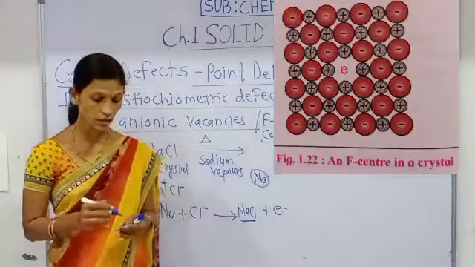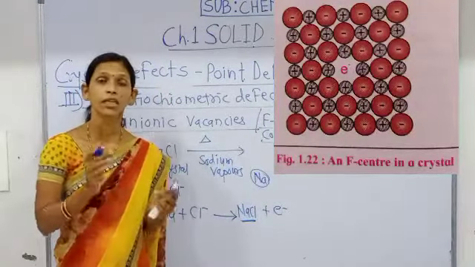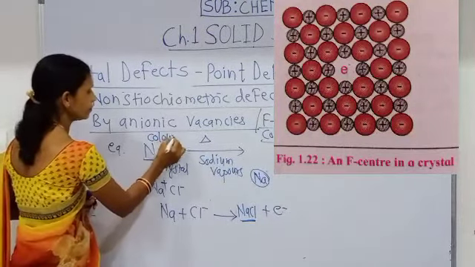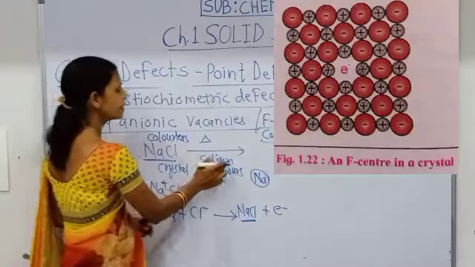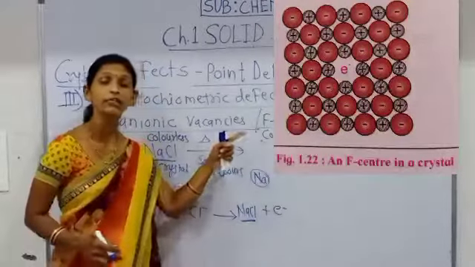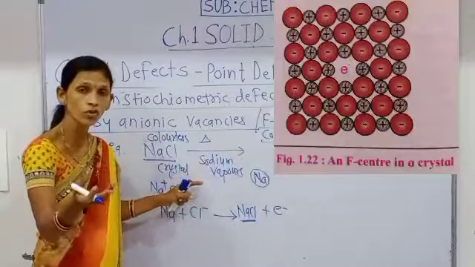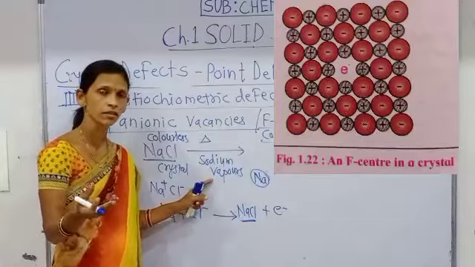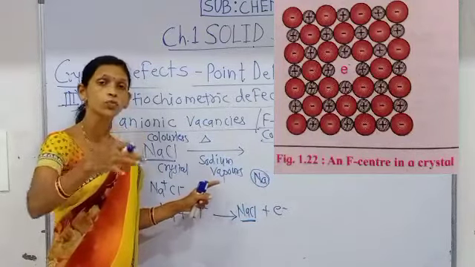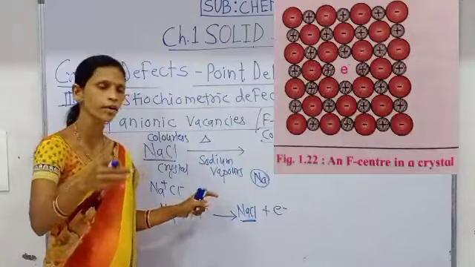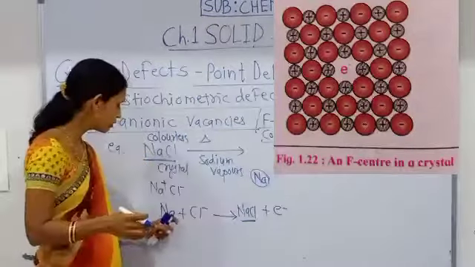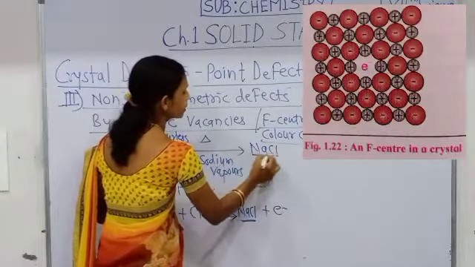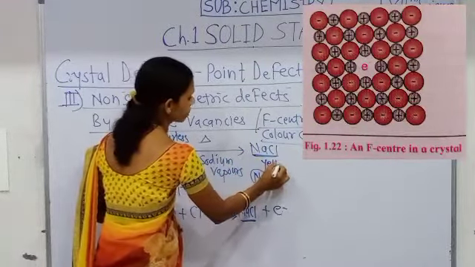Why is it called a color center? Because the NaCl crystal is originally colorless. When it is heated in sodium vapors, the defect is produced due to the absence of the Cl minus ion, and the hole is occupied by the mobile electron lost by the sodium atom, so the defective NaCl crystal becomes yellow in color.